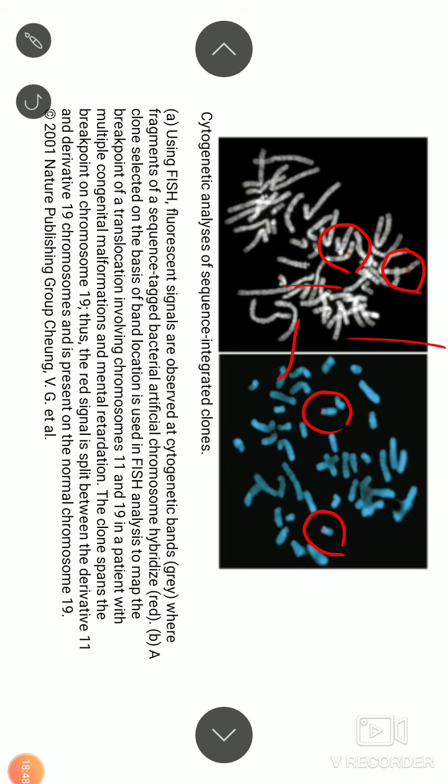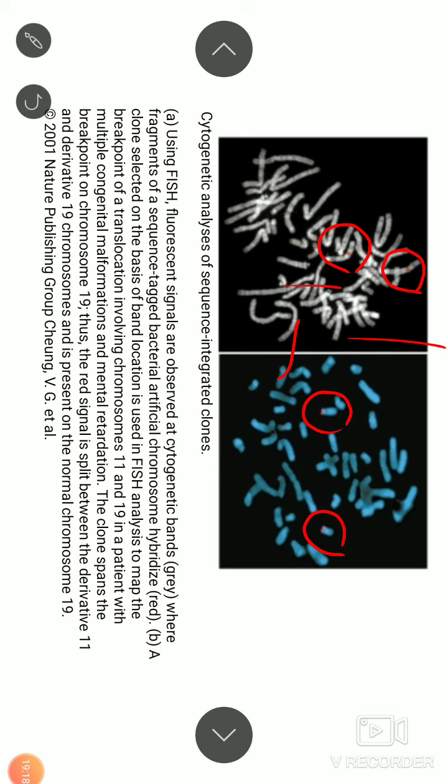FISH is also used in karyotyping and phylogenetic analysis, like finding out unique FISH patterns on individual chromosomes. FISH is also used for chromosomal aberrations. FISH is also used for physical mapping, like mapping clones on chromosomes and direct assignment of mapped clones to chromosomal regions associated with heterochromatin and euchromatin.